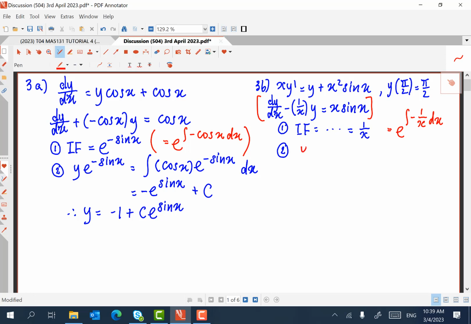Then the next step is y times the IF is equals to the integration of... Is there something that's going on behind? I forgot to multiply by IF. Oh.